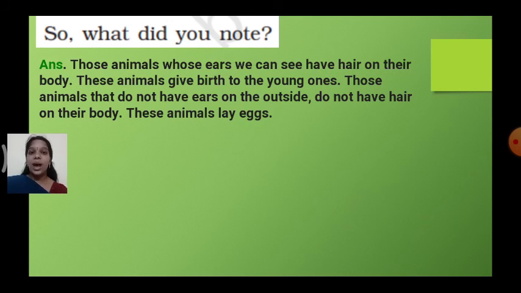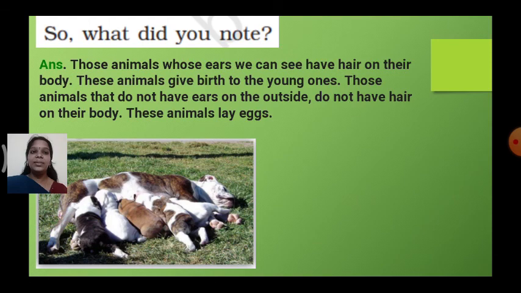So all the animals that have hair and whose ears we can see give birth to young ones. Those animals that do not have ears on the outside and do not have hair on their body lay eggs. Right? We can observe this from the table.